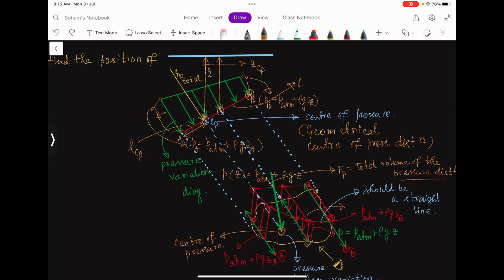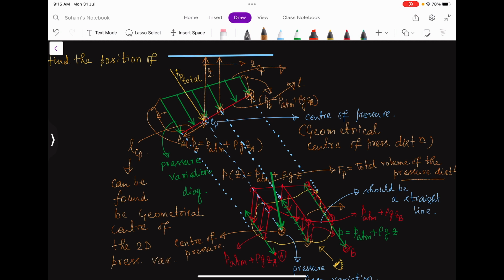So just by considering this 2D variation, I have to find the geometrical center of this 2D variation. So LCP can be found by the geometrical center of the 2D pressure variation, right?